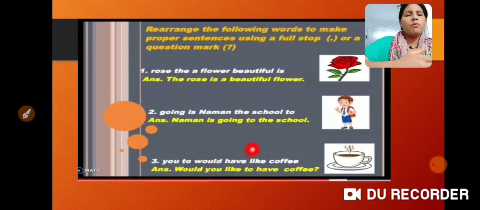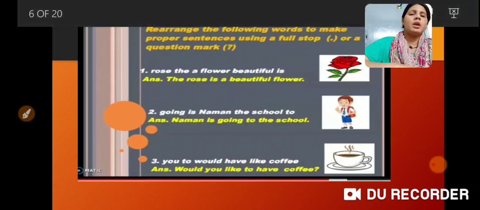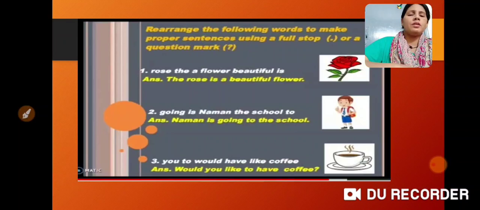Now read this group of words. You too would have like coffee. These group of words do not make a sense, so these are not sentences, but we can rearrange the words to make a proper sentence.